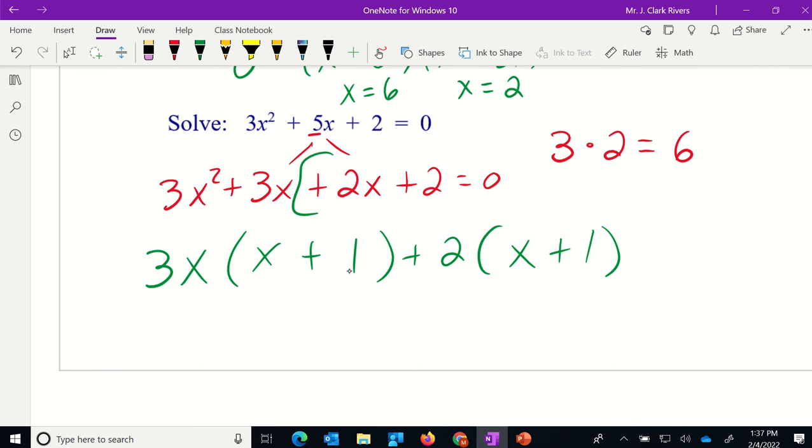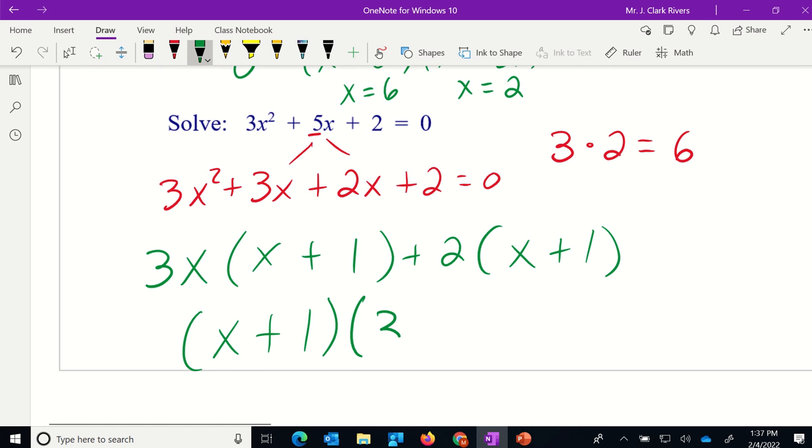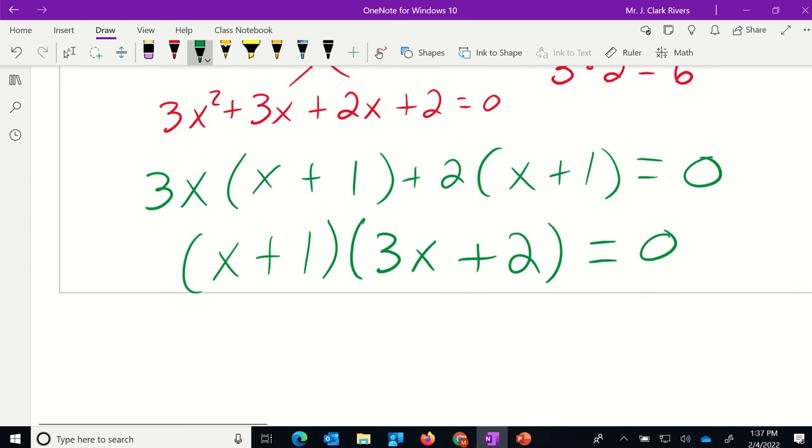Now we have common factors of x plus 1 in both of these. So I write down x plus 1. That was a common factor in both the front term and the back term. And we're left with 3x, right? 3x was here, plus 2. I messed up on the step before. That should be equal to 0, and this should also be equal to 0.